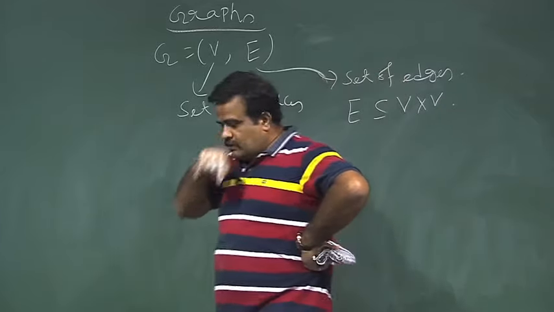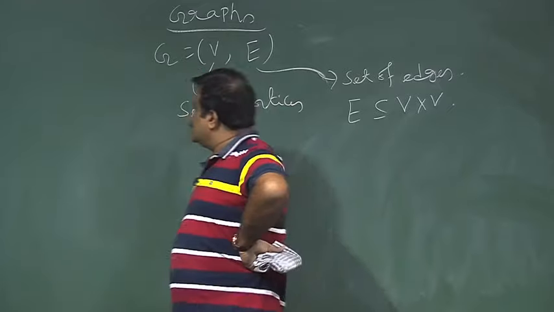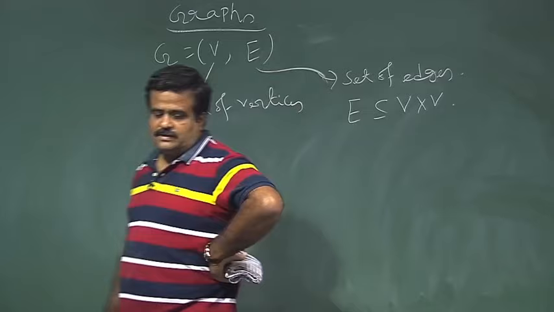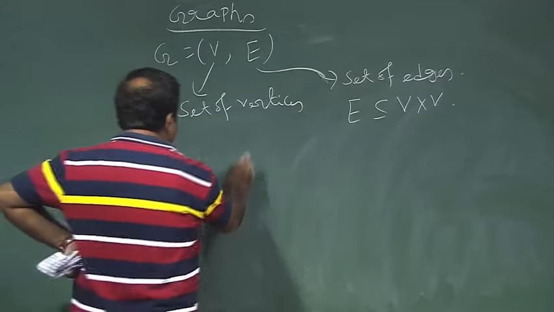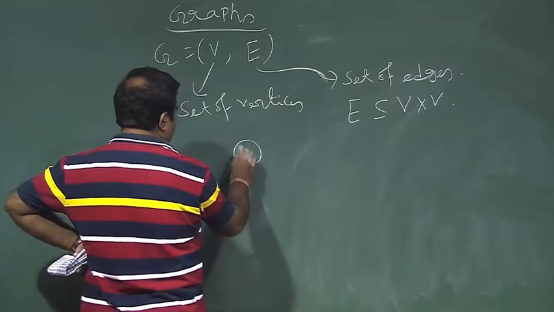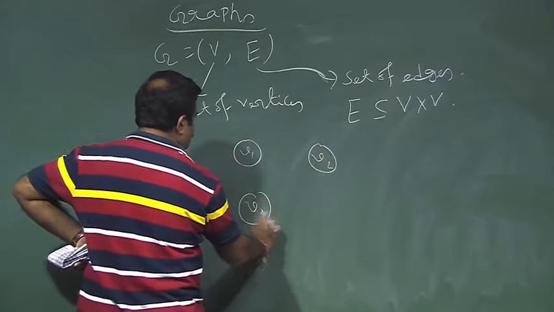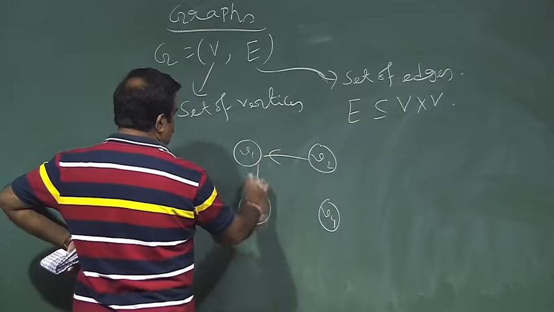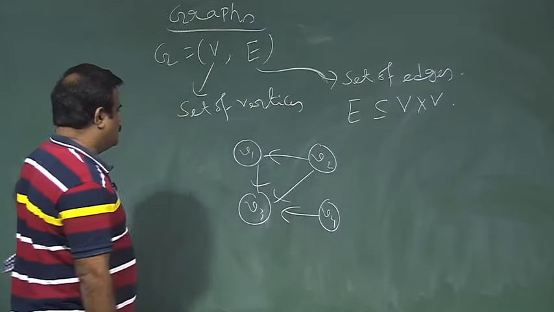There are two types of graph: directed graph and undirected graph. If there is no ordering of the edge, then it is called an undirected graph, and if there is an ordering in the edge, it is called a directed graph. Say we have vertices V1, V2, V3, V4, and edges like this.